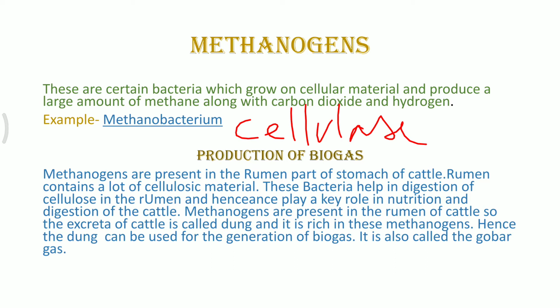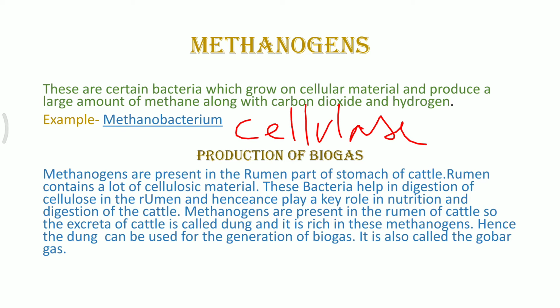It is also a kind of methanogen which acts over the chewed plant product which is there in the rumen, and hence after the release of cellulase, the digestion process begins.